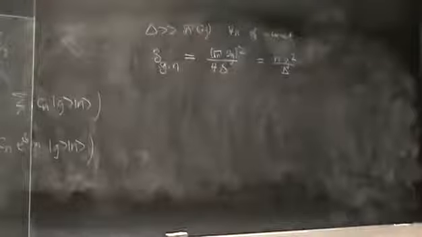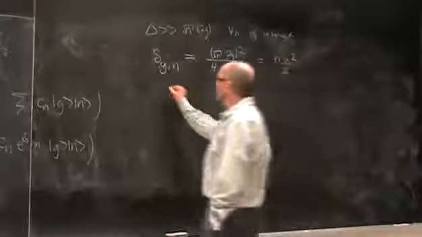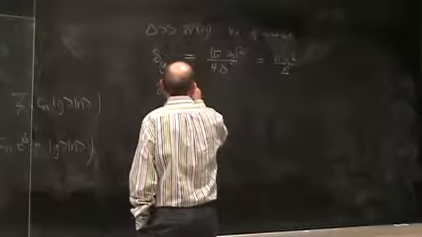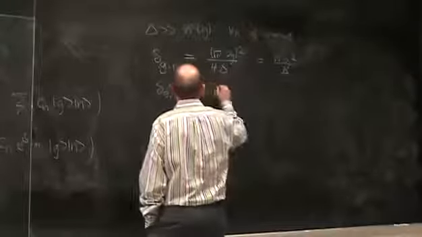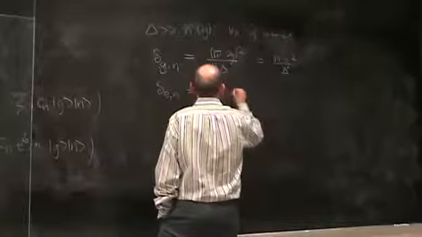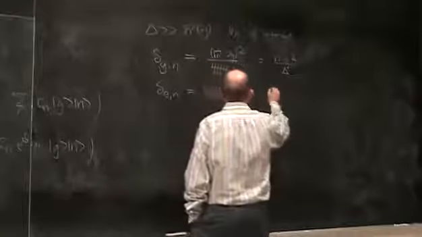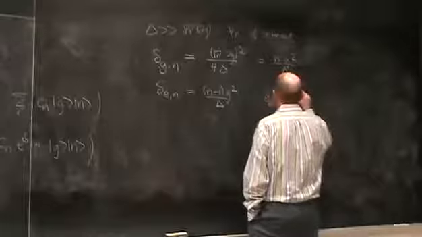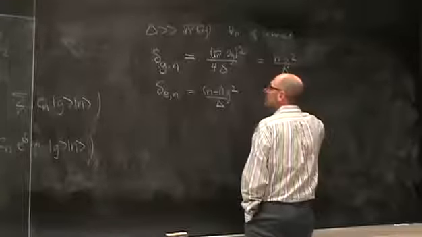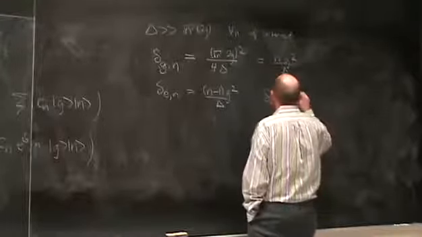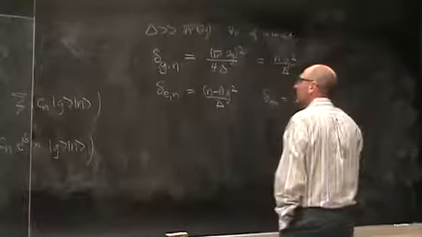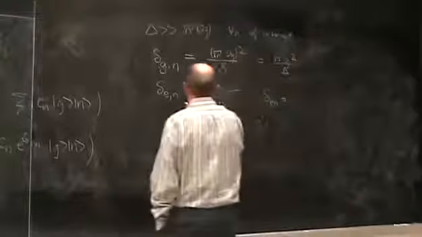Okay? And similarly, for E with n, now we get n minus 1 g squared over delta. No, sorry, what did I do?